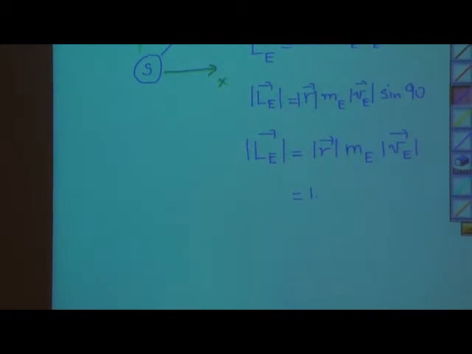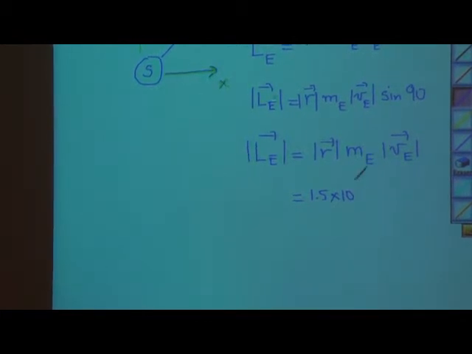Now you can put in those numbers. This is 1.5 times 10 to the 11 meters.